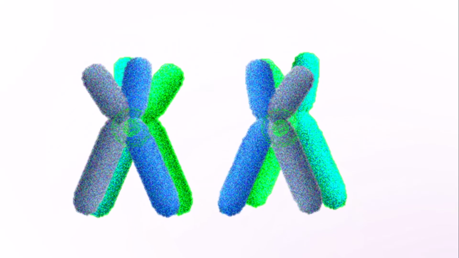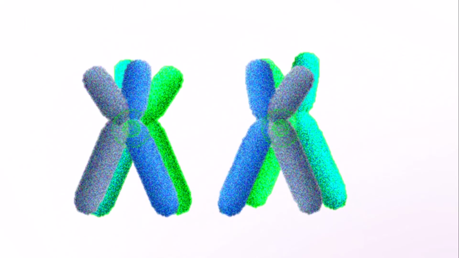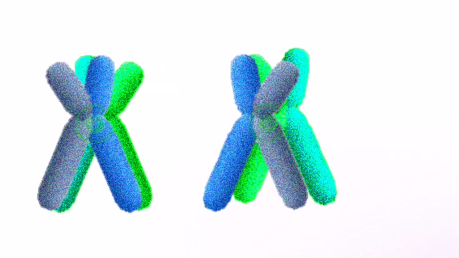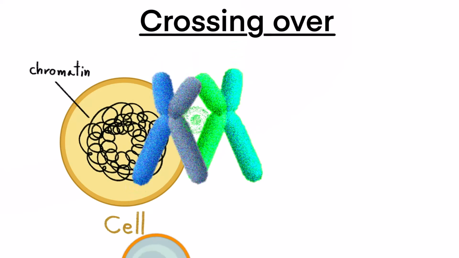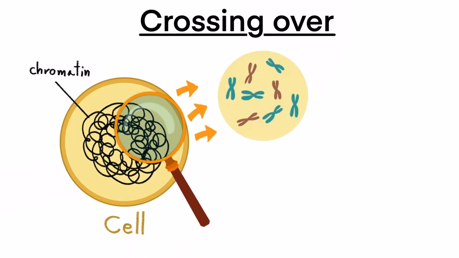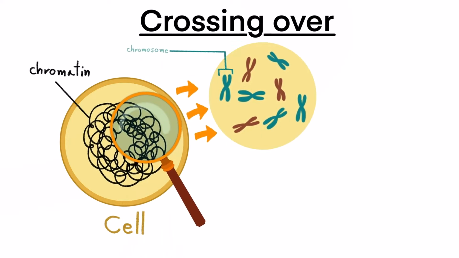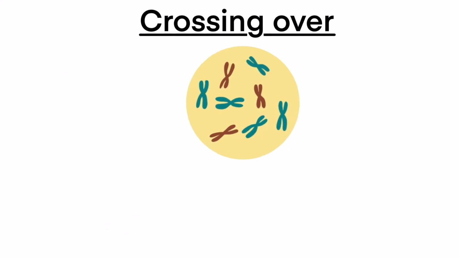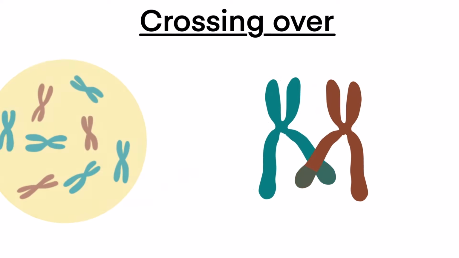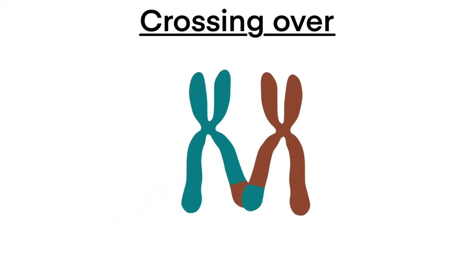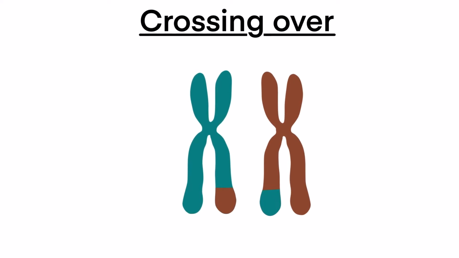Special proteins cause the homologous chromosomes to stick together in pairs. The resulting structure has 4 chromatids. Within each set, chromatids of the homologous chromosomes exchange corresponding segments, swapping genetic material. This process is called crossing over. Crossing over rearranges genetic information.